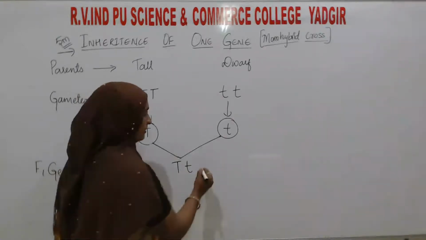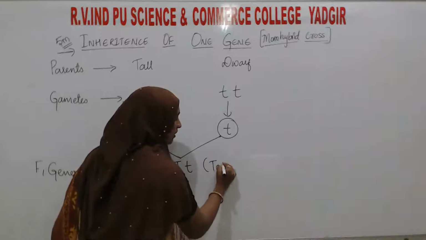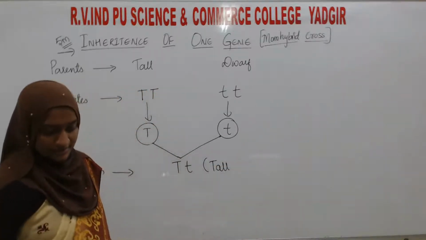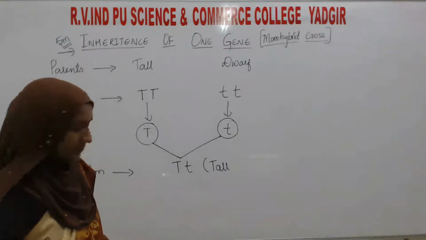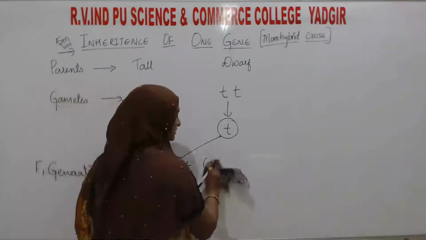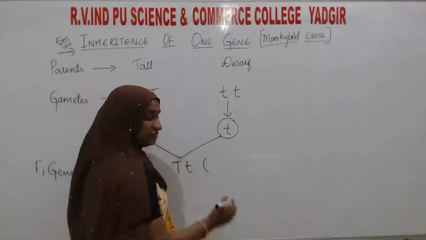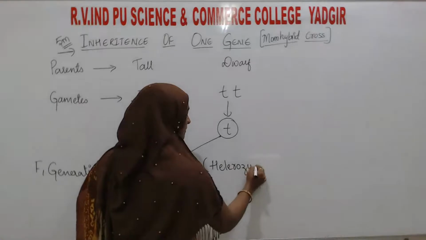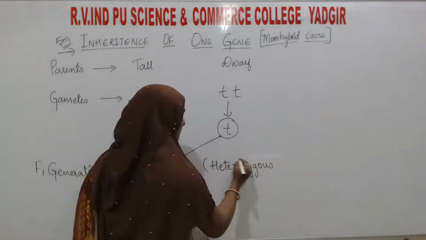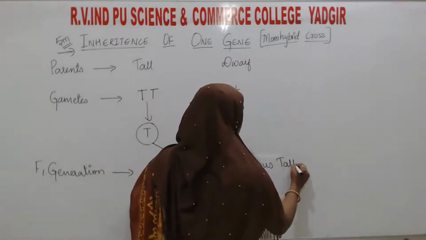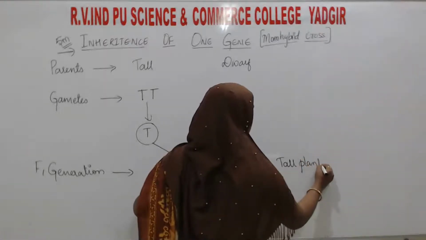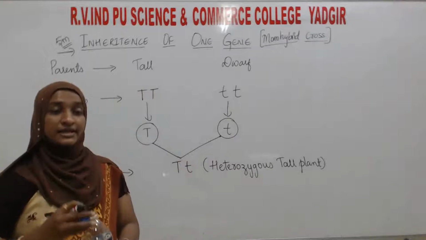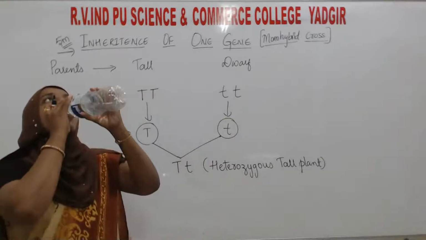This we can write as the tall plant, or else we can write it as the heterozygous tall. What is it? It is a heterozygous tall plant.